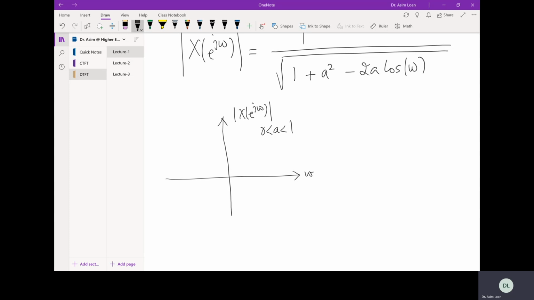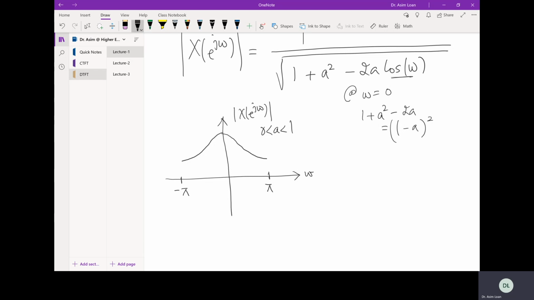At omega equal to 0, this is 1 plus a squared minus 2a, which is 1 minus a whole square. Since a is between 0 and 1, 1 minus a is positive and a small number, so 1 over 1 minus a is going to be large, and this function goes like this.